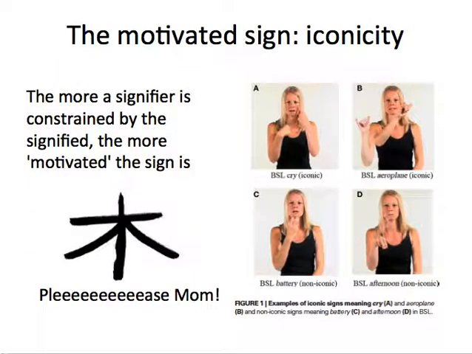When there's a close relationship between a sign and the real-world concept, we can talk about it as being non-arbitrary or a motivated sign, and we can talk about the iconicity of the sign. If you look on the left there, you can see the Japanese kanji for tree, and you can begin to see how there is a close connection between the representation of the sign and the real-world concept of a tree.